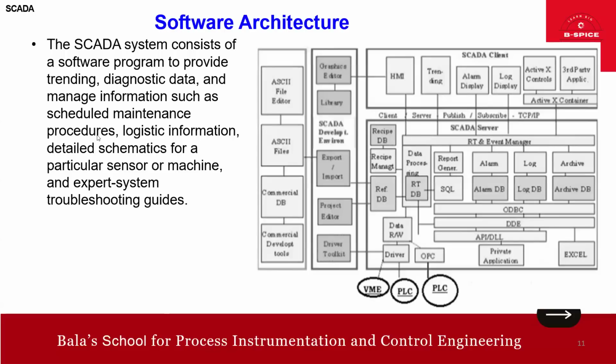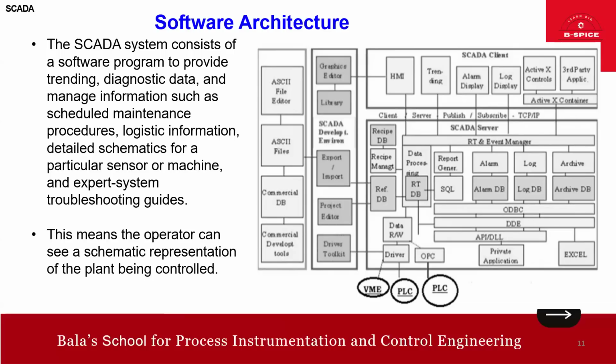The SCADA system consists of a software program to provide trending, which I highlighted earlier, diagnostic data, and manage information such as scheduled maintenance procedures, logistic information, detailed schematics for a particular sensor or machine, and of course the troubleshooting guides. All these features are available. So this means the operator can see the schematic representation of the plant being controlled. That is about the software.